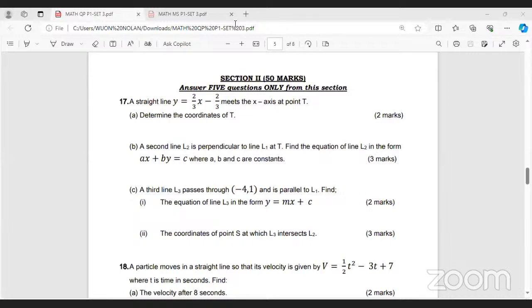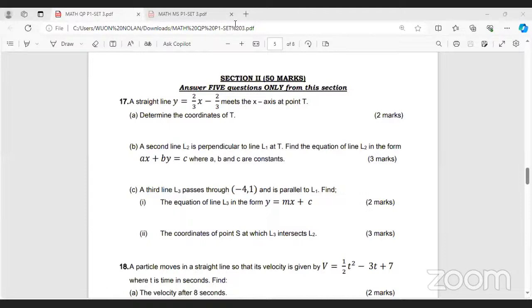Jason, check the answer you've written. You've given 11 over 3 with an x, but that is the y-intercept, so it does not have an x.